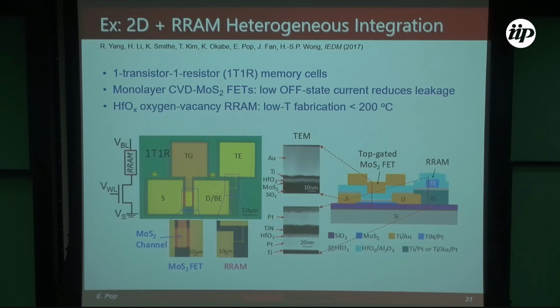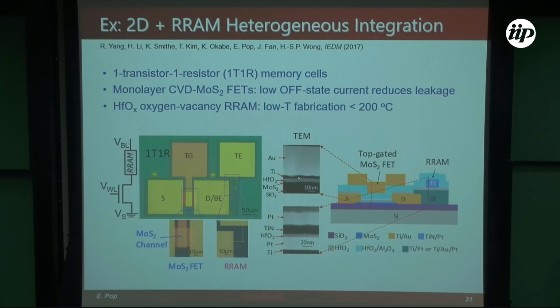Another example, this is a collaboration with Philip Wong and Jonathan Fan at Stanford. This is an application where we integrated CVD-grown molysulfide transistors, which have really low off-state current, way lower than silicon, so they win there. And they integrate this with memory cells based on hafnium oxide.